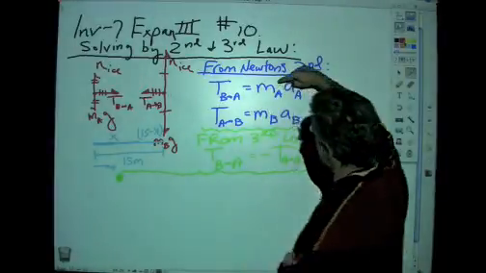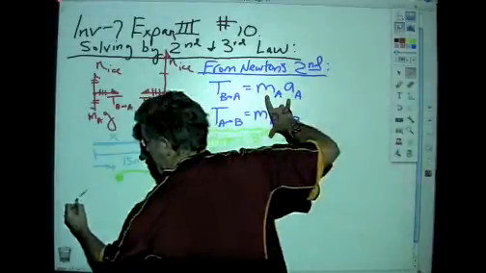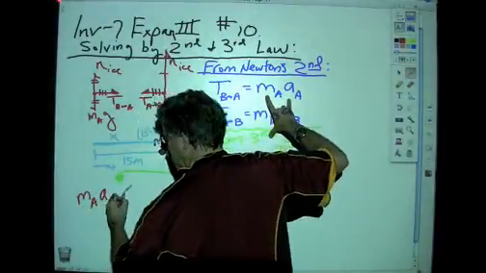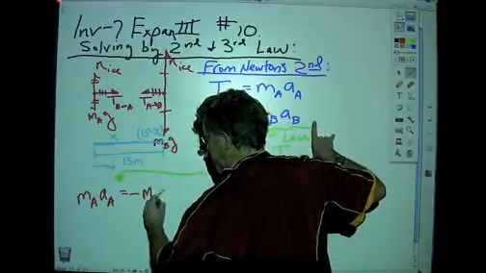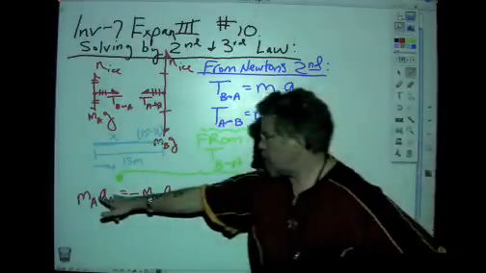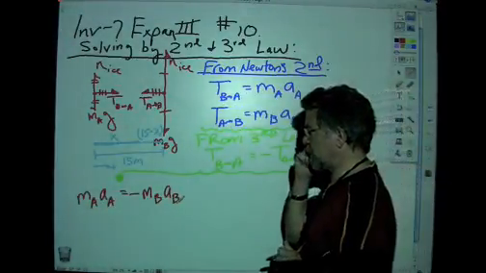Well, in that case, I'm going to put these two together, substitute in, and so I have M_A A_A equals the opposite of M_B A_B. Okay? So I'm avoiding putting numbers in as long as possible.